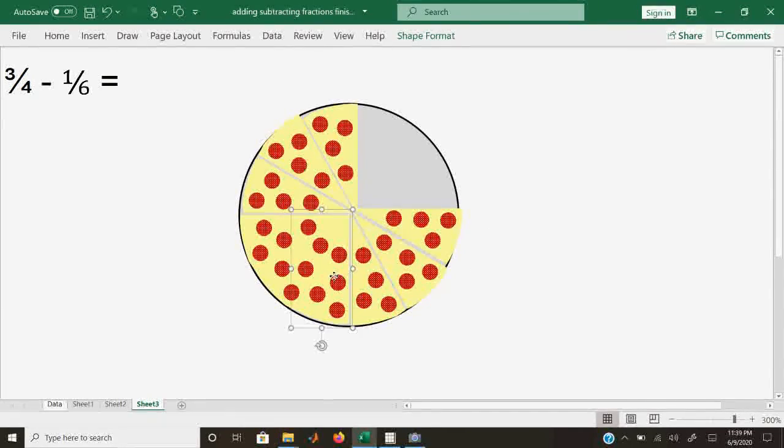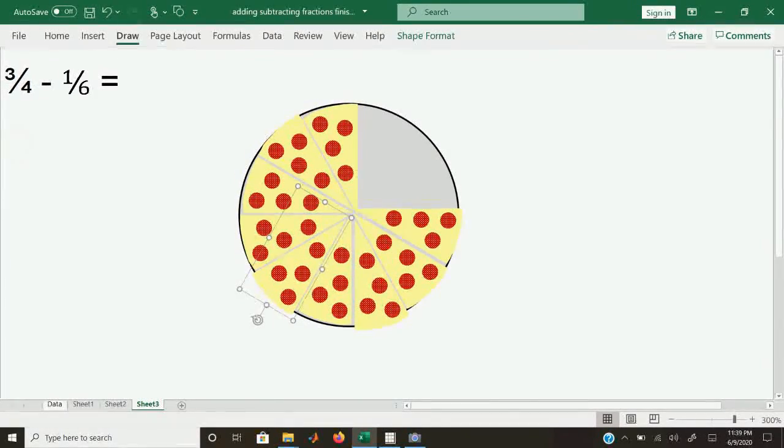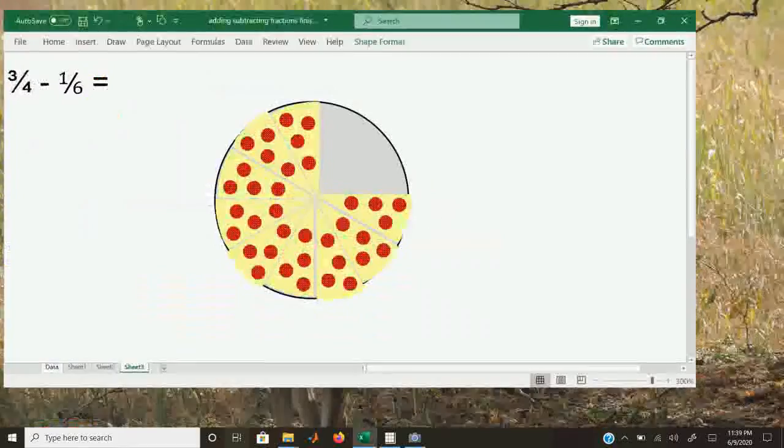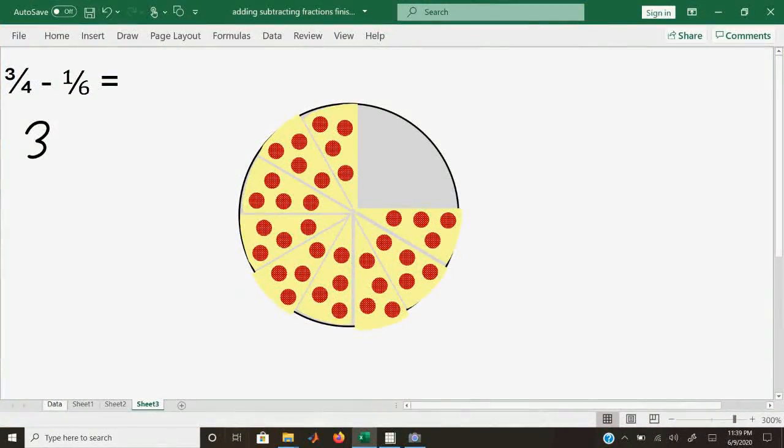If we say we're going to eat one of the pieces of pizza, or eat 1/6 of the pizza, we need to eat 2/12. So we do the same thing, 3/4 ends up being 9/12.